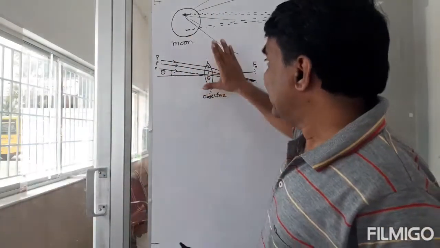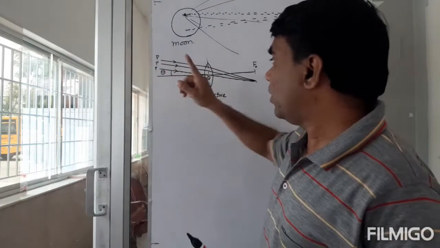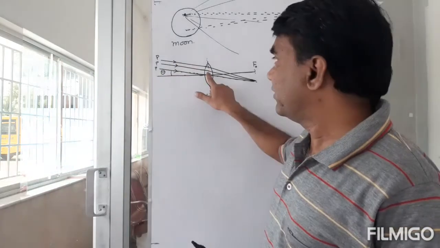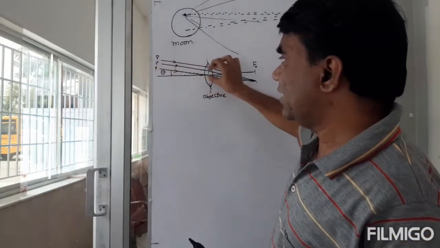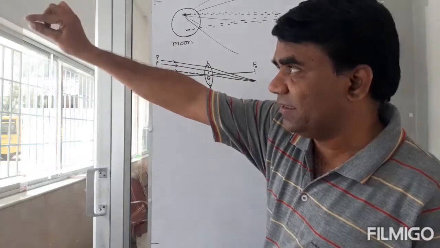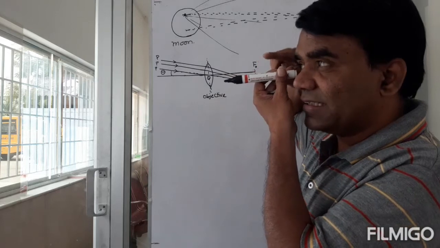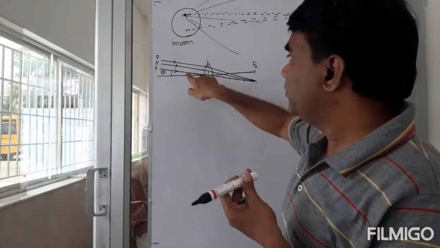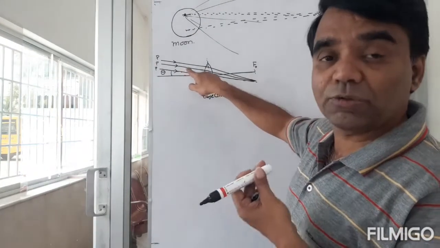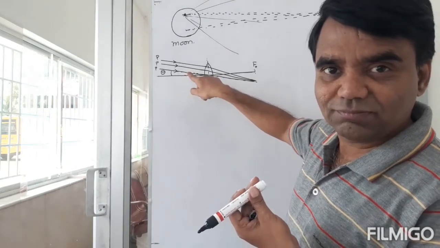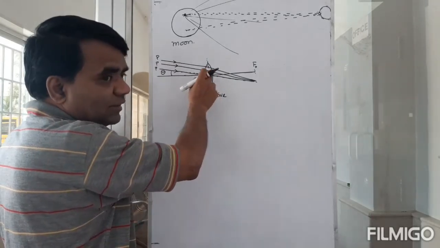Because if I remove this lens, and keep my eye there, then these rays will make the same angle. This is the visual angle I get from that point. If I take a point there, then the rays will come and hit my eye like that. So this is the axis, and this is the visual angle of the eye without the instrument.